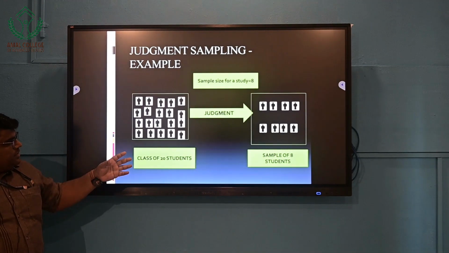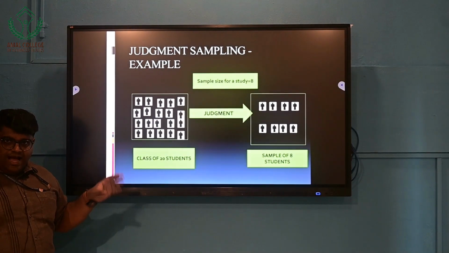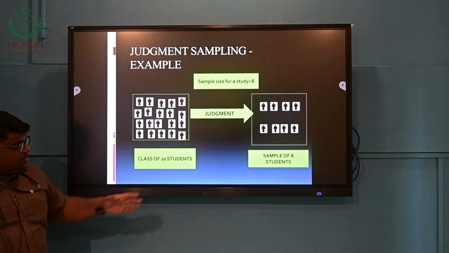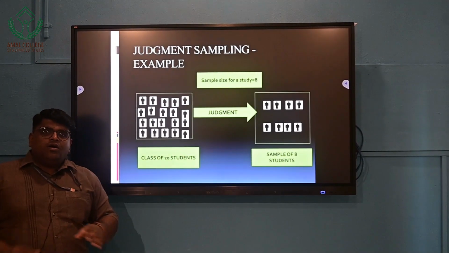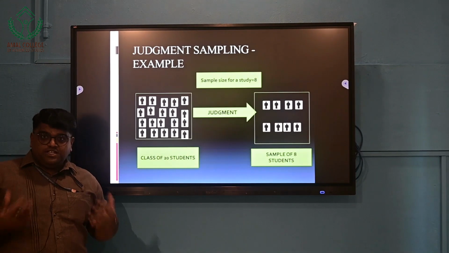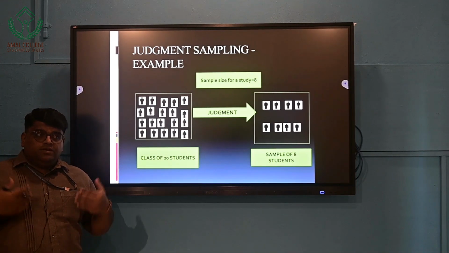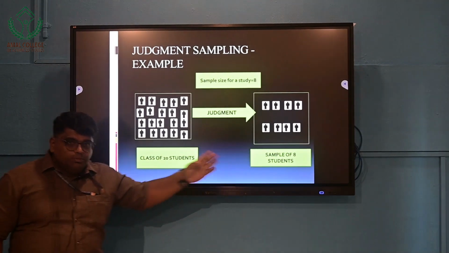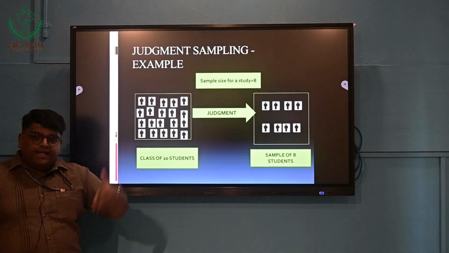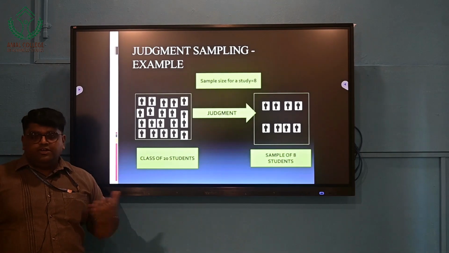From this particular class I feel as an investigator that 8 students can give me all the information that I am expecting. These 8 students will be giving all the answers to my questionnaire or interview schedule.